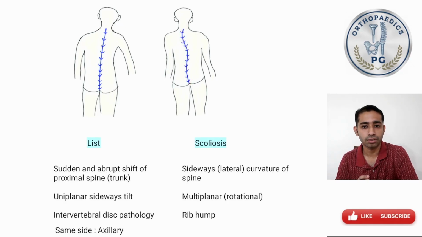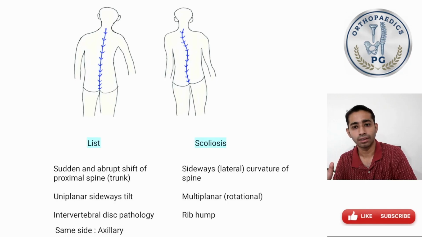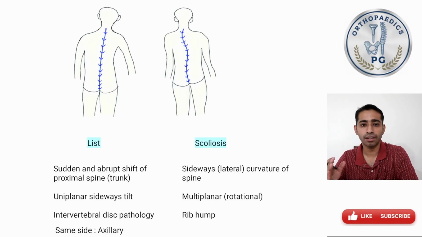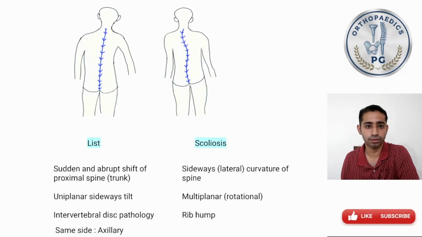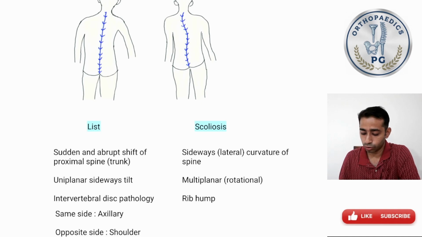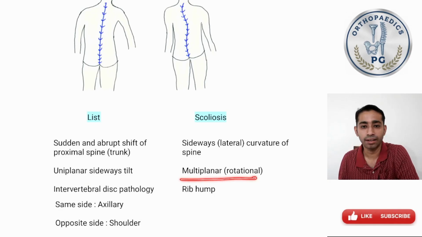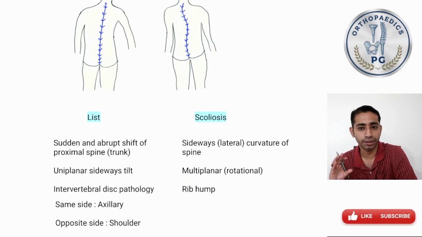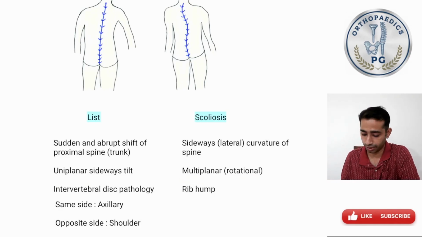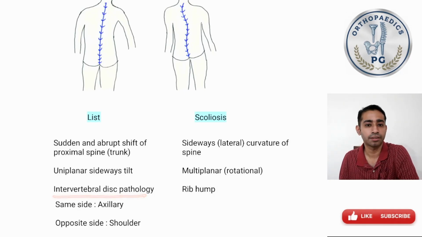So a sudden abrupt shift is list and a lateral curvature is scoliosis. List is usually an uniplanar sideways tilt, whereas scoliosis is a multiplanar deformity with a rotational component. A list is indicative of an intervertebral disc pathology.